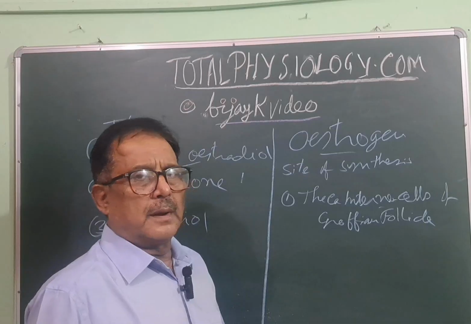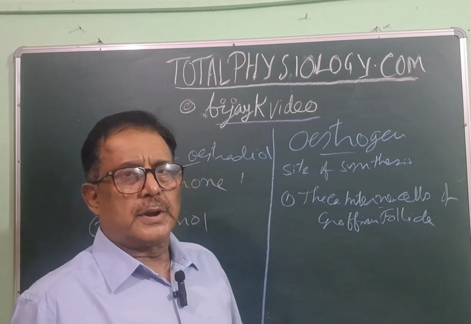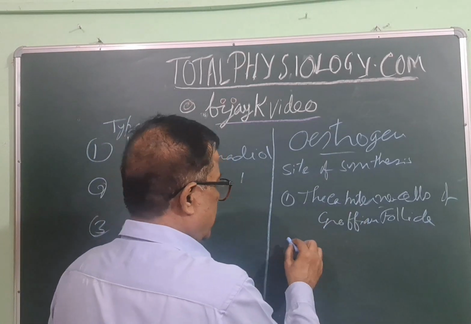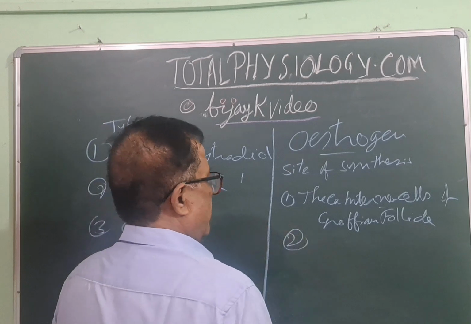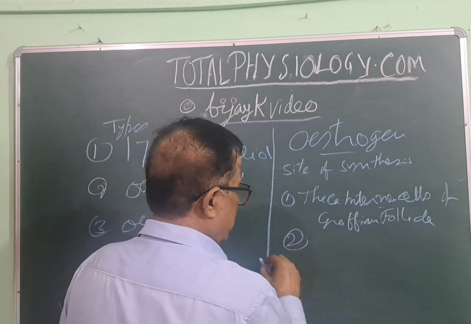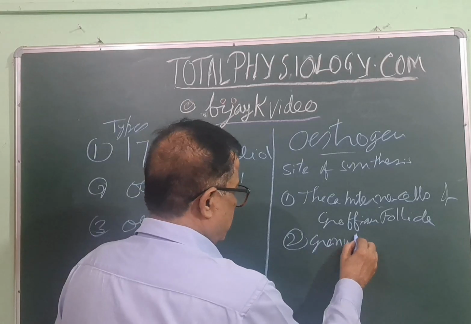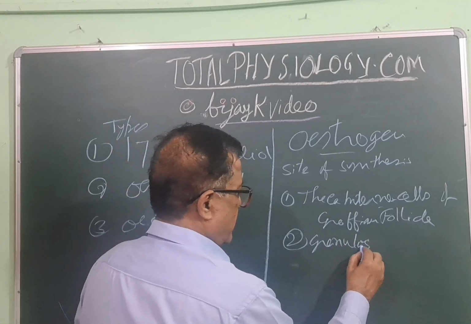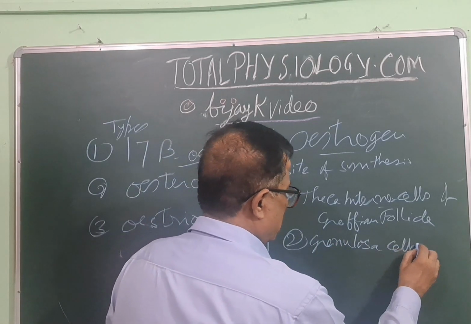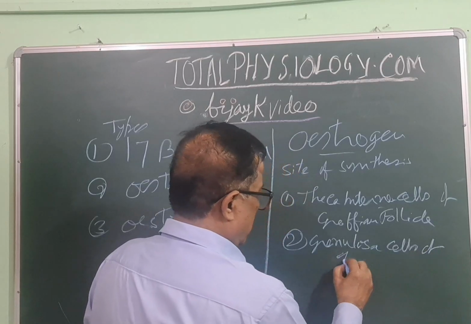These cells have a large number of LH receptors and they secrete more estrogen. Number two, granulosa cells of the Graafian follicle.